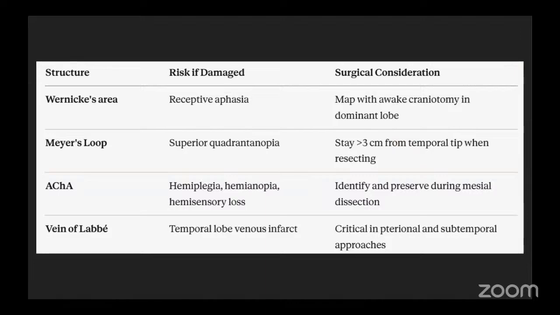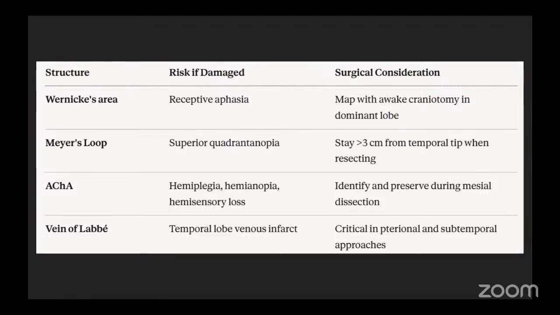How do we avoid it? We map the Wernicke's area with the awake craniotomy. Whenever there is language cortex involvement, the preference is always awake craniotomy if the patient is cooperative and coordinating. Even if you cannot do awake craniotomy, functional mapping will still be ideal.